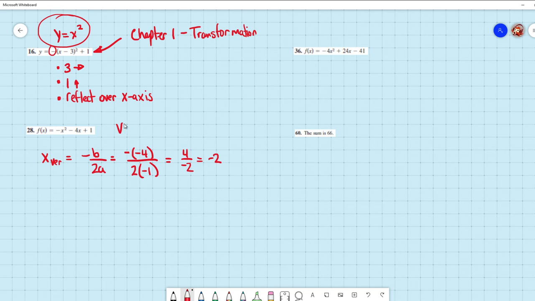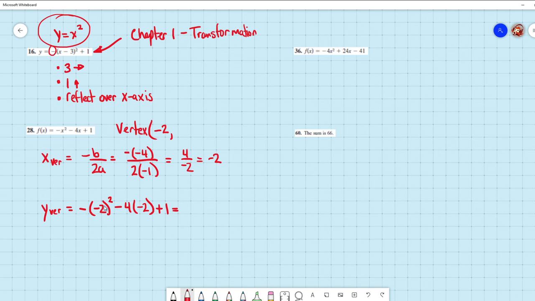So my vertex, I'm going to go ahead and start writing it here. So vertex is -2, comma, and now I want the y-coordinate for the vertex, which is just taking this -2 and plugging it in. So again, setup. This is so important. I keep emphasizing this because this is where people are messing up over and over.